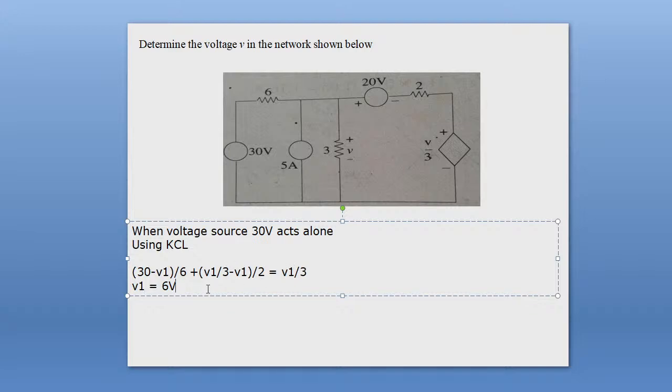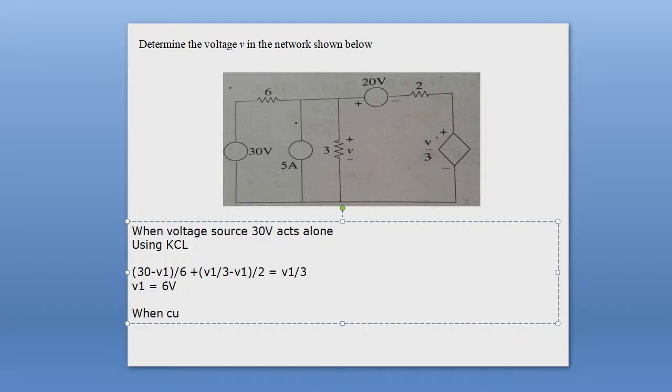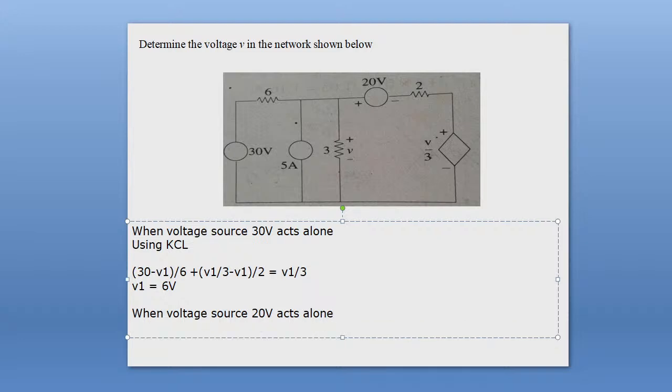Then you consider the 20 volt voltage source, and in that case you consider V2.